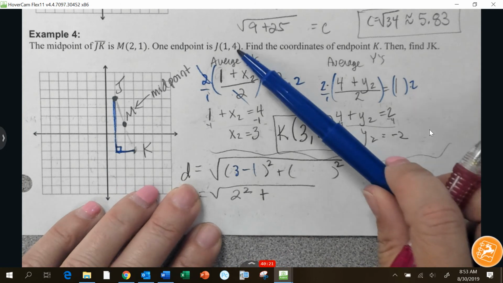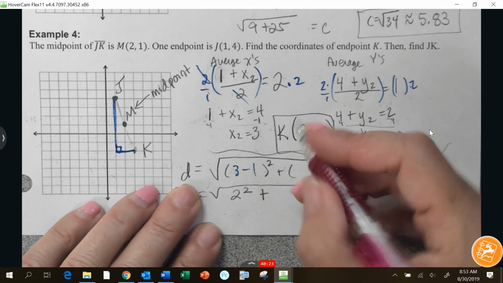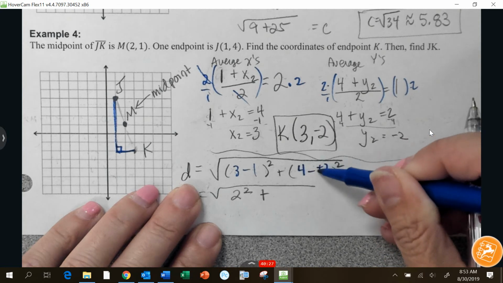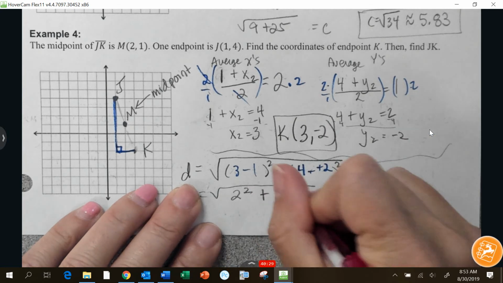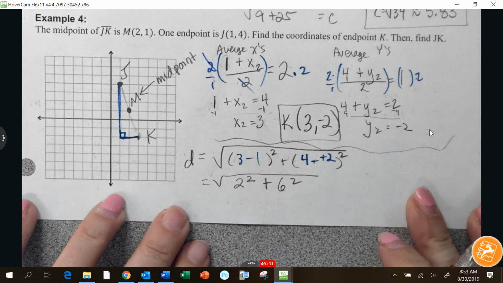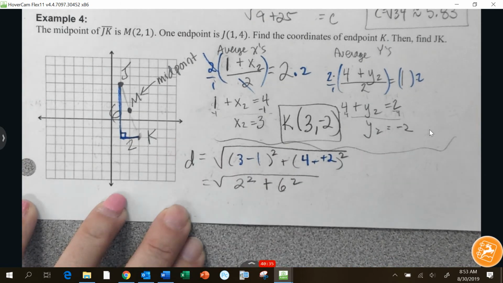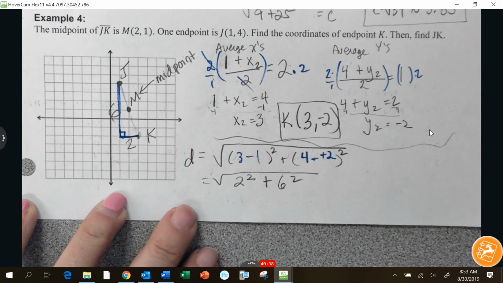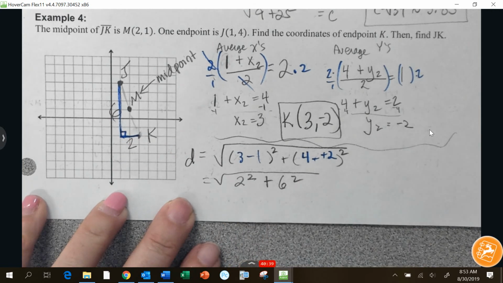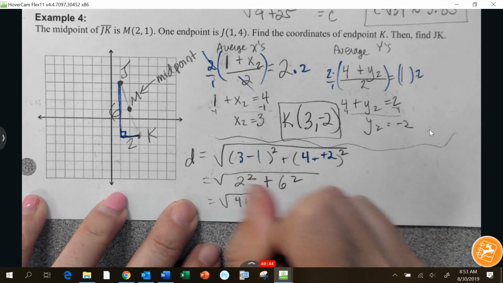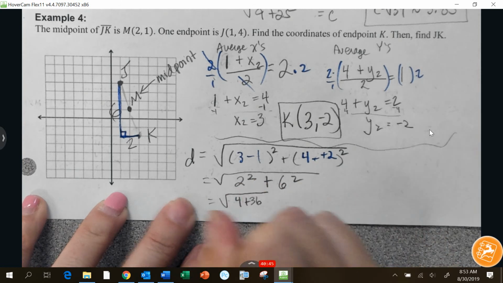We've got a 4 and a minus 2. 4 minus negative 2 is 6. Or we could have counted on the graph 2 and 6. So we do our Pythagorean theorem, 2 squared plus 6 squared, and then square root that answer. 4 plus 36, which equals square root of 40.